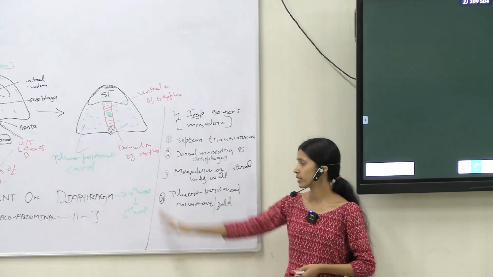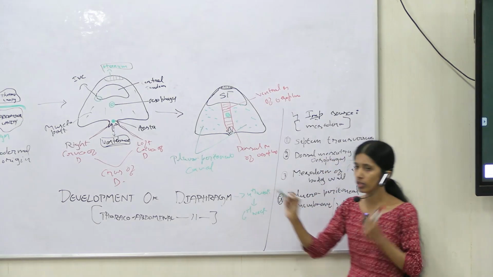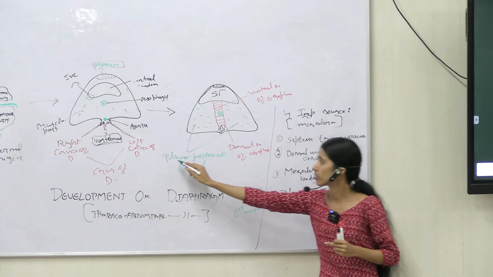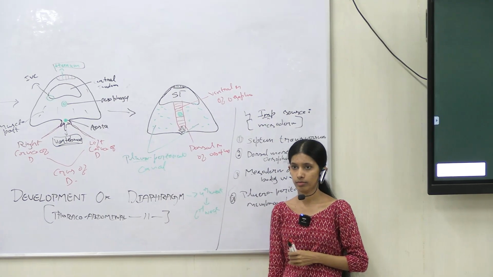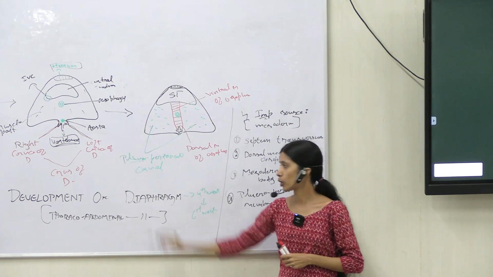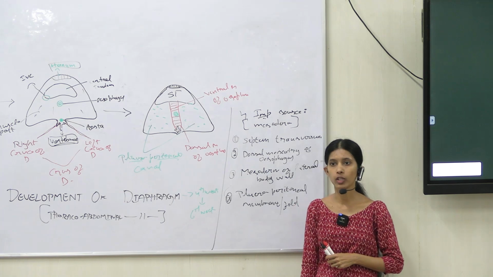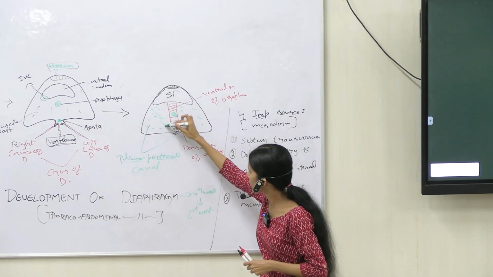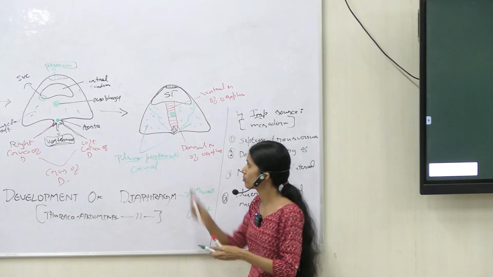Okay. During the development process, this pleuroperitoneal canal, that means a canal between your thoracic region and abdominal region, has to be closed. Okay. Further, another layer or another membrane is formed in this region here.